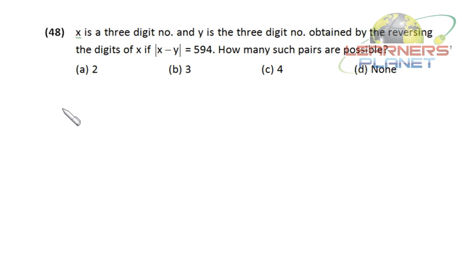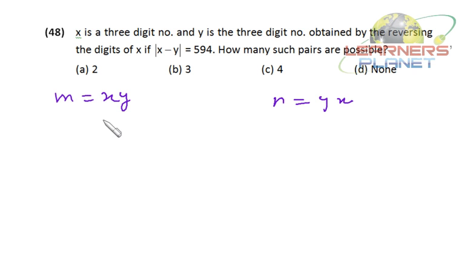Friends, before we do this problem, I would just like to share an algebra of a 2-digit number and a 3-digit number. Let me take a 2-digit number, that is m. Its digits are xy, and a number n, whose digits are yx. That means the reverse of m.